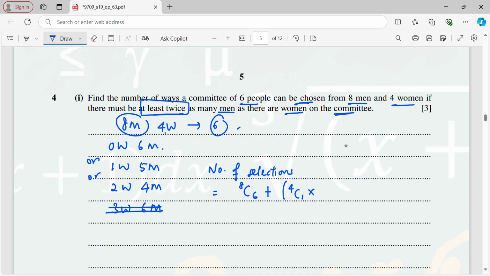And n is times. Then now, I need to choose 5 men from 8. So 8C5. Or from 4 women, I need to choose 2. And 8 men, I need to choose 4. Okay, so then from here, you will be getting 28 times 4 plus 56 times 6 plus 70 times 6, and at last, that is 672 ways to choose 6 persons.